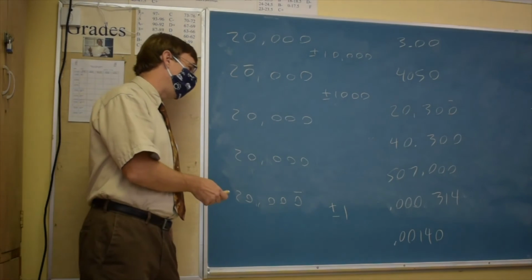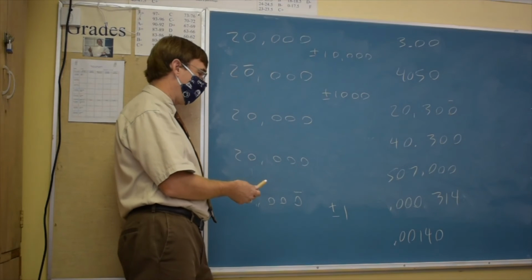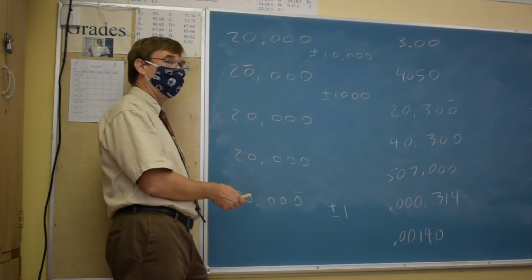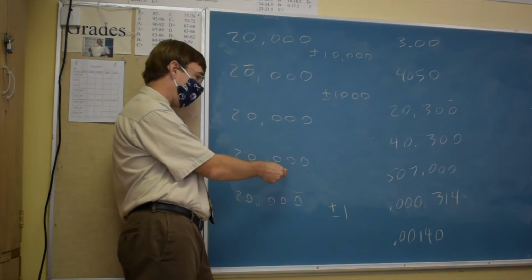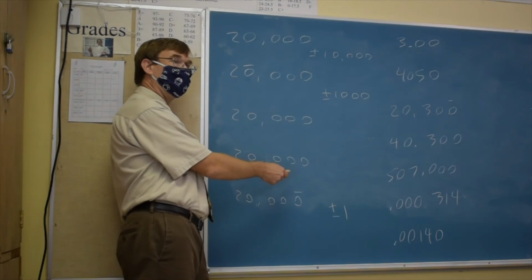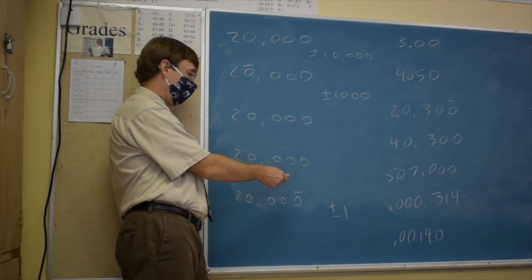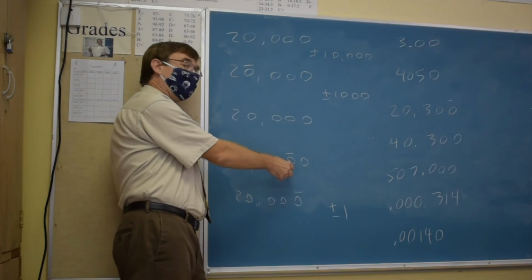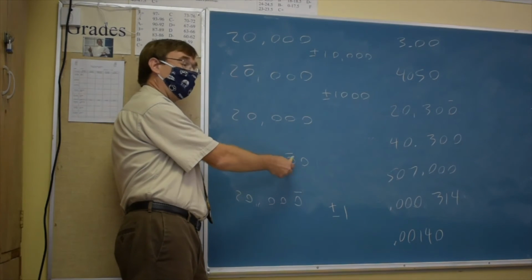What if I was off by 10? I'm pretty sure about 20,000, but I might have missed that by 10 for some reason. How would I illustrate I might be off by 10? Mark a bar above the 3rd 0, because that's the tens place.